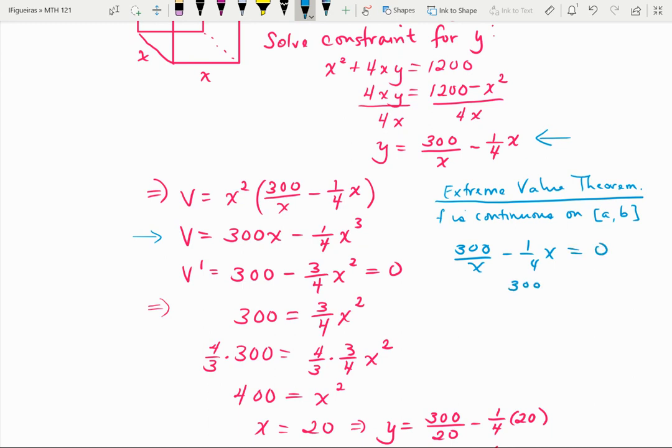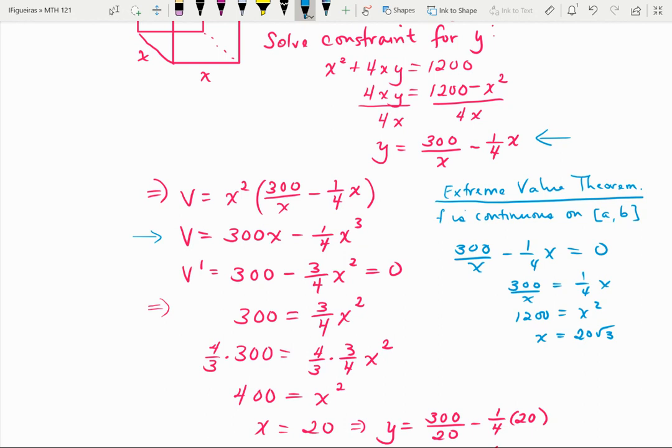This essentially creates a proportion. If you cross multiply, you get 1200 equals x squared. And if you take the square root of both sides, again, we're just going to look at the positive result, not the negative, again, because it's a dimension. So this is 20 root 3.